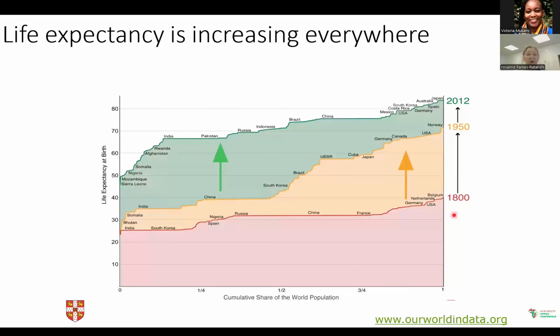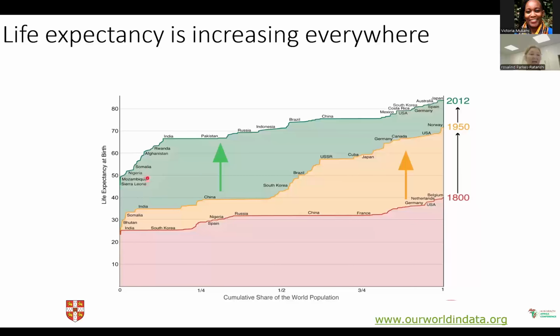And this is looking at change over time. The red line is 300 years ago. The yellow line is about 70 years ago. So it shows the improvements in life expectancy at birth from 70 years ago, and then what's happened in the last 70 years up to 2010.